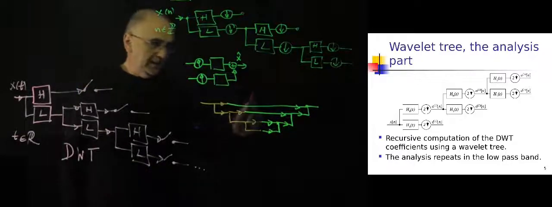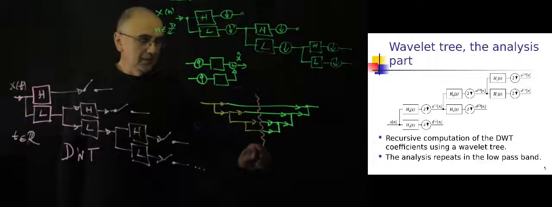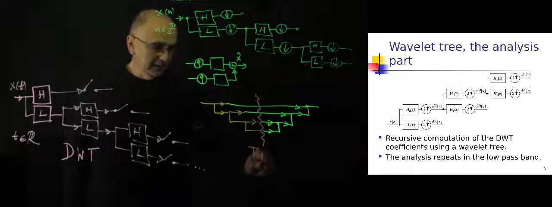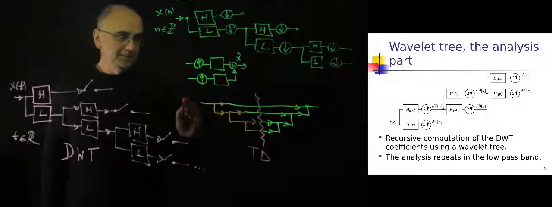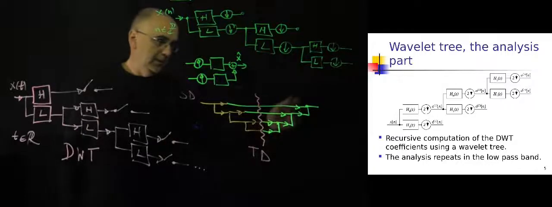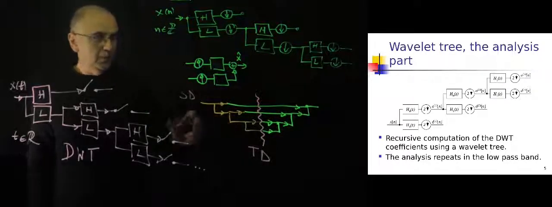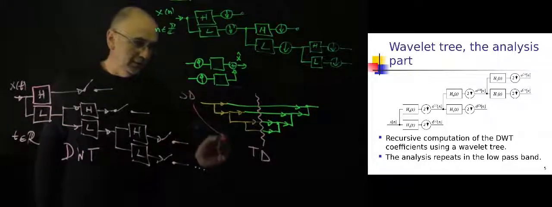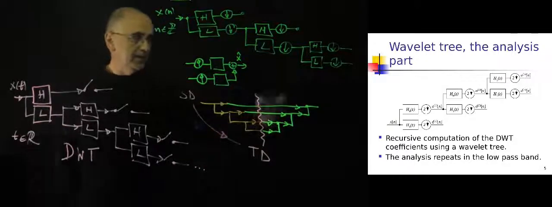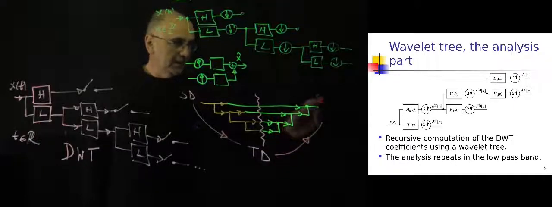We can always think about this part as being the transform domain, and this is the original signal domain. So this is a kind of analysis part, where we go from the signal domain to the transform domain, and then this is a reconstruction part, where we go from transform domain back to signal domain.